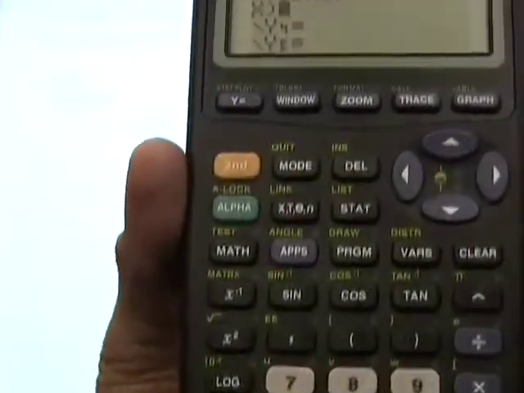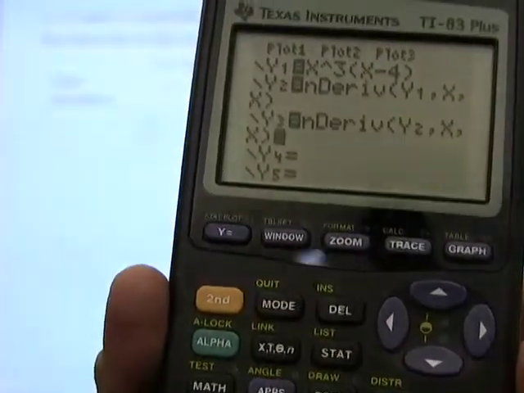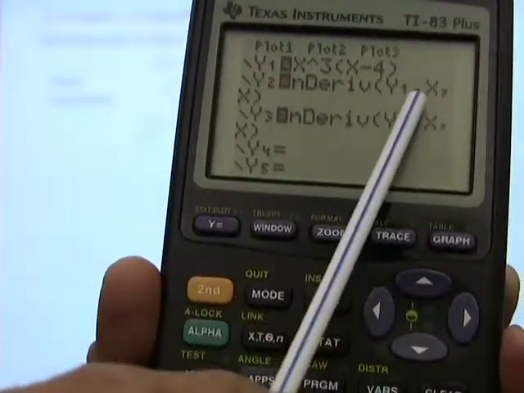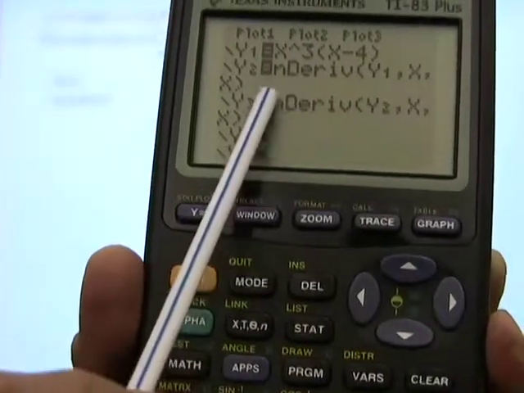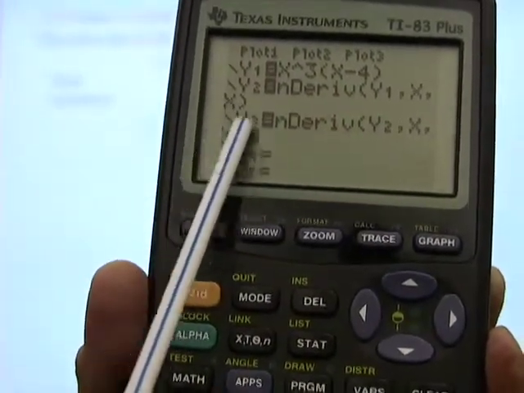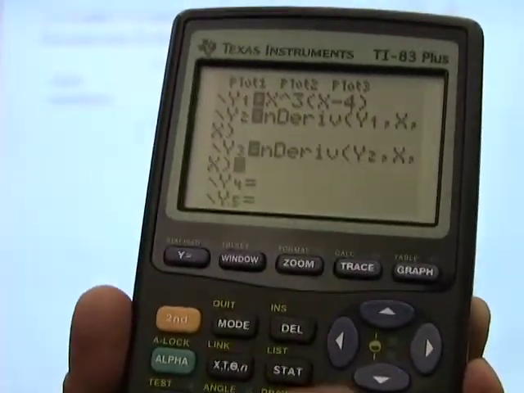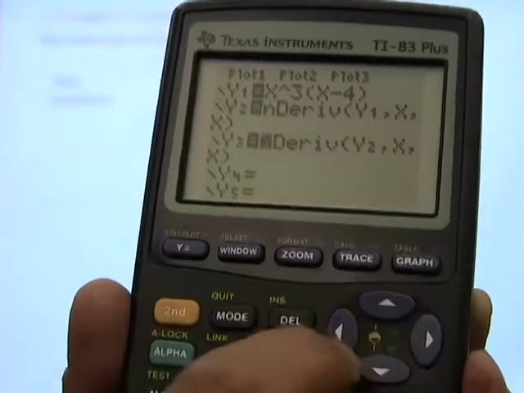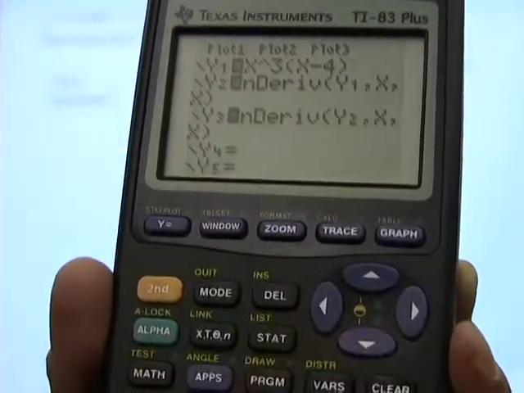Now I want you to do one more thing. Finally, we will be graphing it, and we don't want our graph to be muddled up with the graph of y2 and y3. So take the cursor to the equal sign of y3. You see the cursor is now sitting on the equal sign of y3.